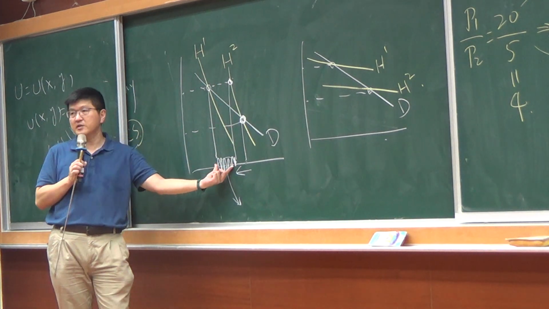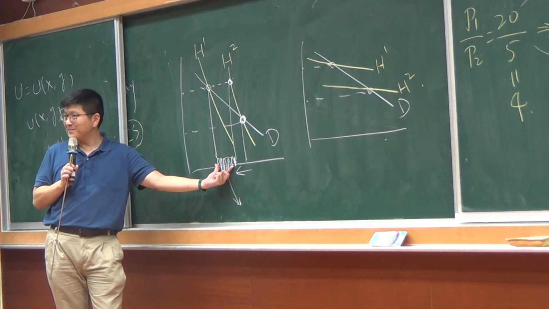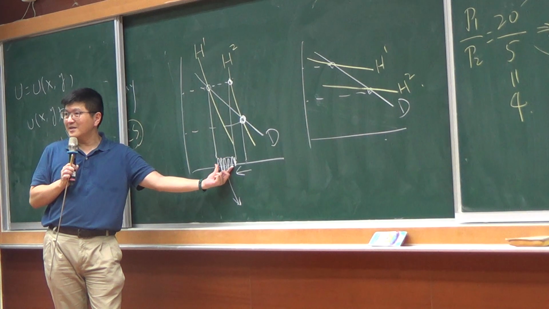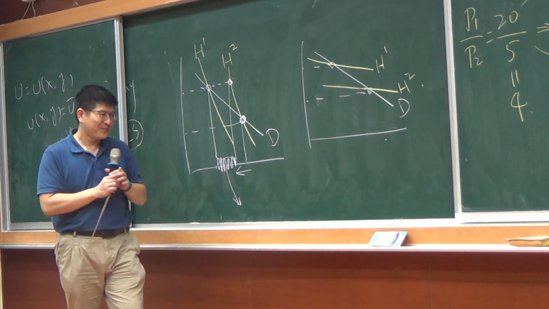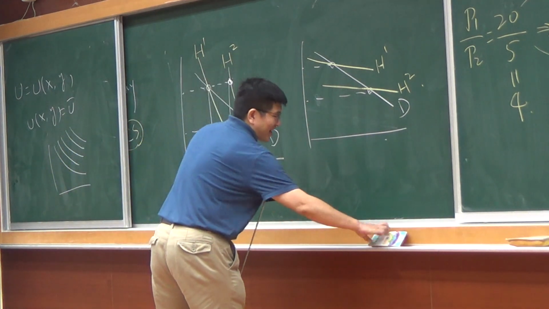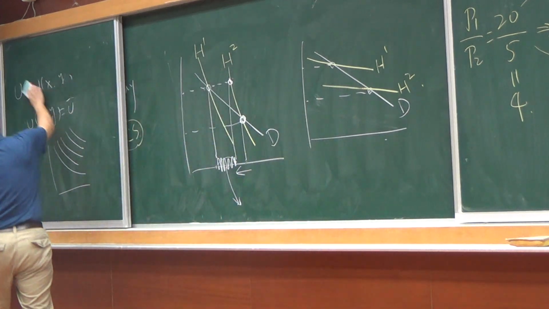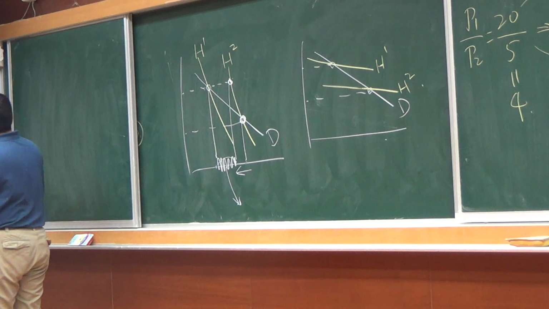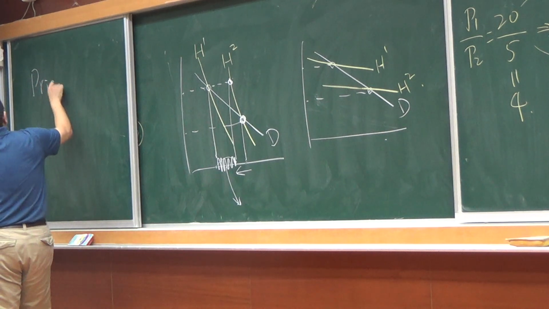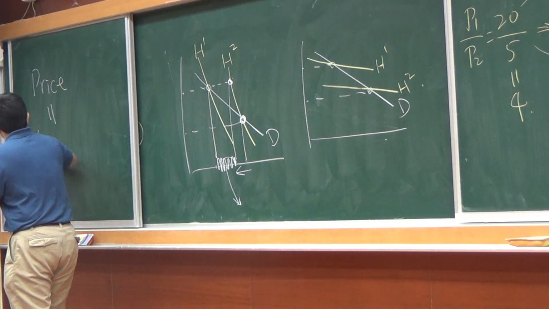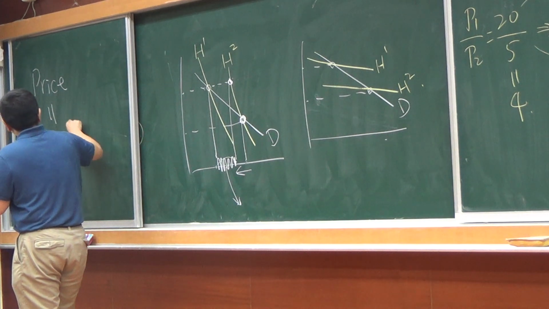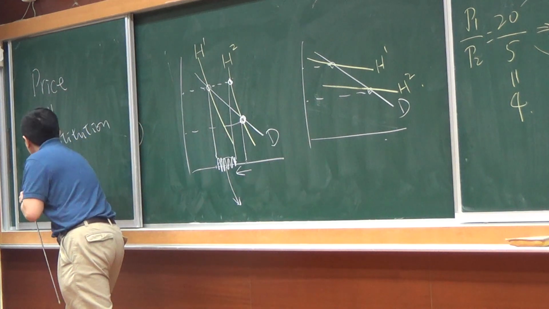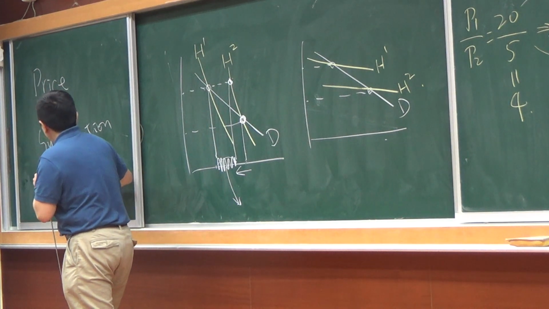So the difference would be what? Short memory. Price effect equals substitution effect plus income effect, right?